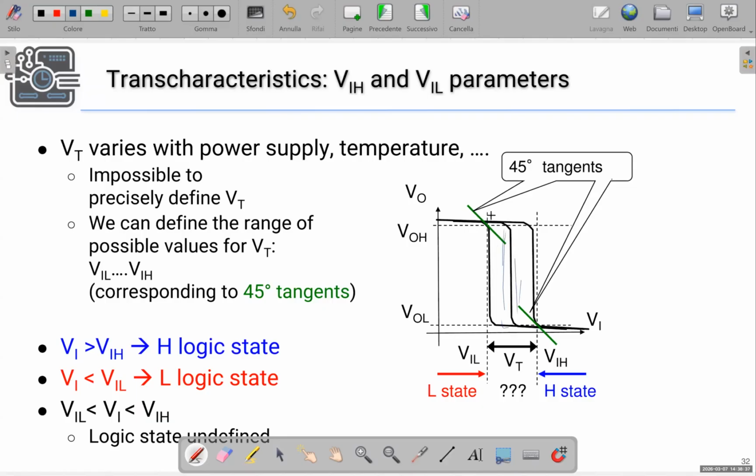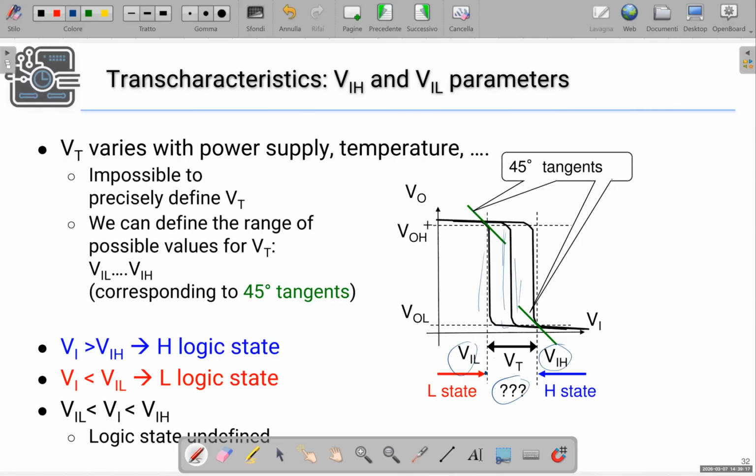For this reason, we identify a range of input voltage values below VIL, which are identified as low logic values, and a range of values above VIH, which can be identified as high logic level values, and the values in between are considered to be undefined and cannot be associated to any useful digital information.